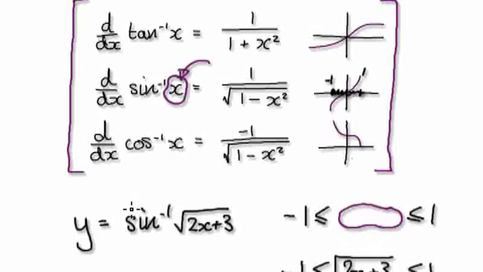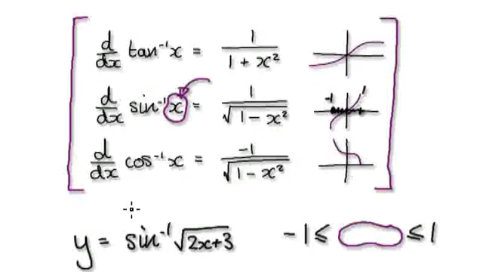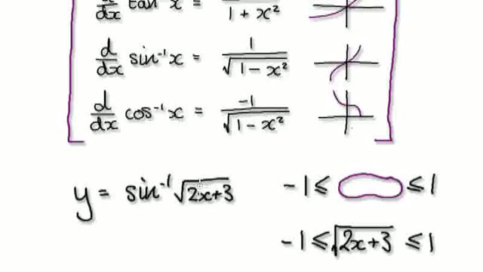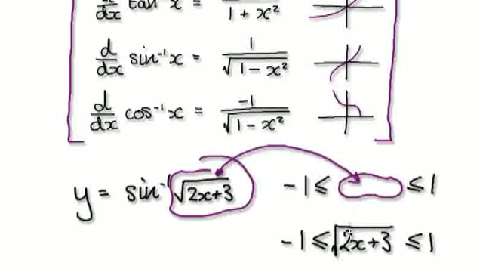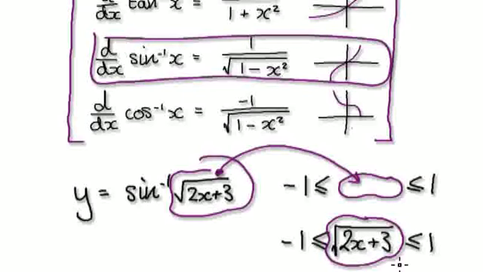So when you come to visualize it, you've got to bear in mind that our bubble will only work within the region of minus 1 and 1. Well, our bubble is this square root thing. So we've got to put this into here, so that this is our bubble here. This thing will only work if our bubble is within minus 1 and 1.